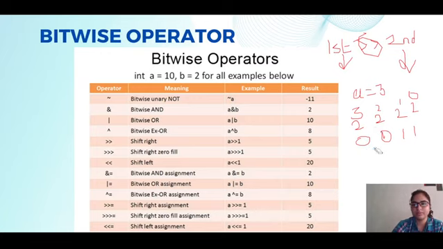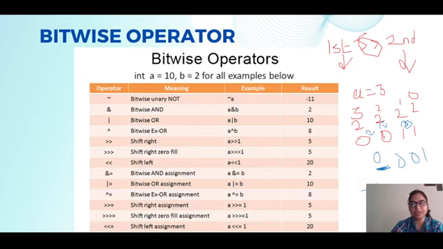We are performing right shift, which means we are moving towards the right: 0, 0, 1 moves to 1, 0, 0, and here one vacant space would be there, filled with a trailing 0.